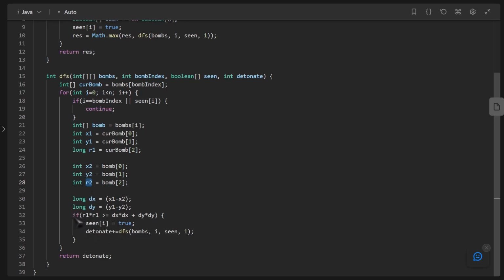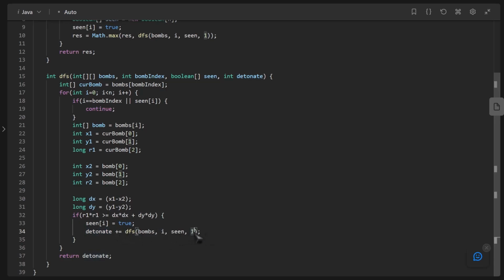If this condition is satisfied, then we mark scene of i, the bomb that we are currently referencing, as true, and then we go through its children with a DFS.